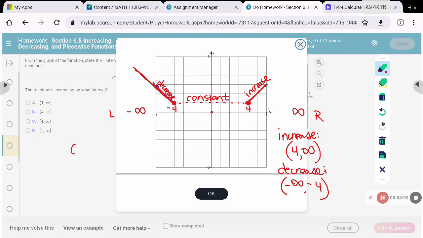So the constant interval is this piece right here. That's why I like to label the x coordinates of those change in direction points. That way, once you've labeled everything, you don't have to worry about accidentally using a y coordinate instead of an x coordinate. So this constant piece is going to be from negative 4 to positive 4.